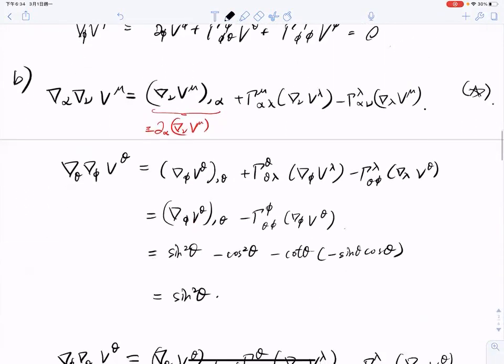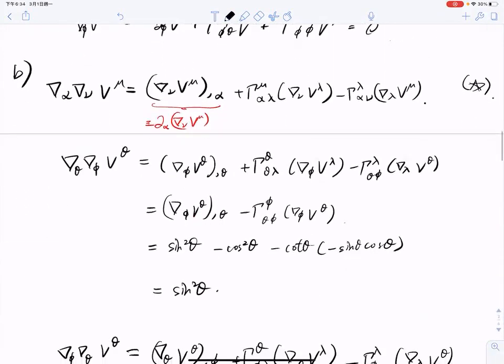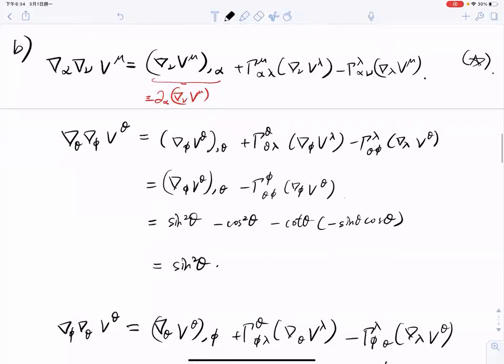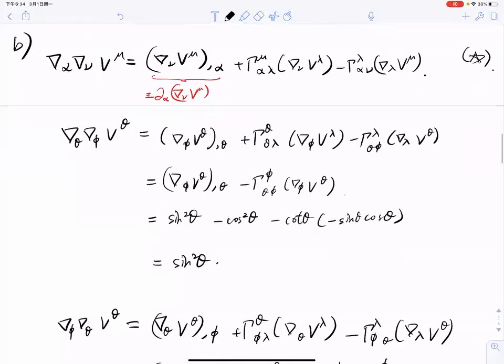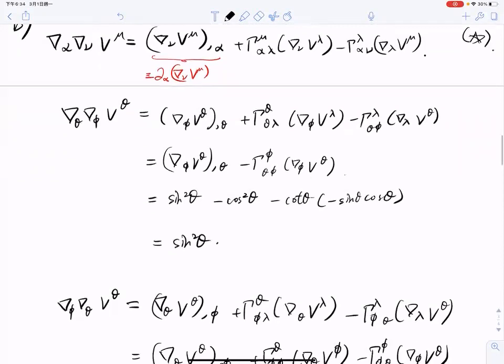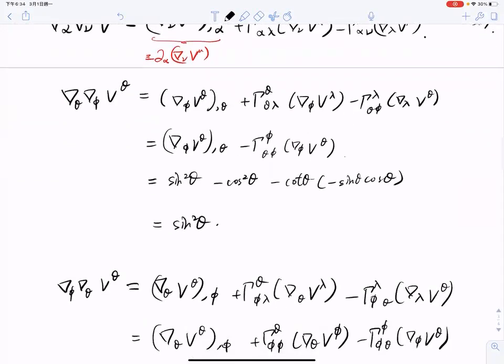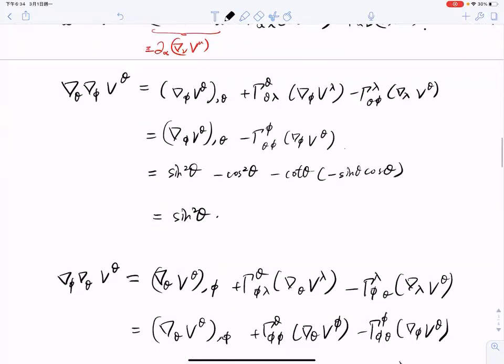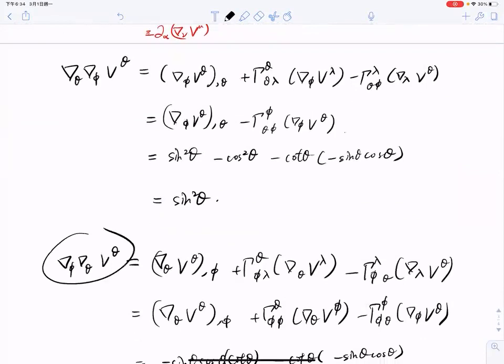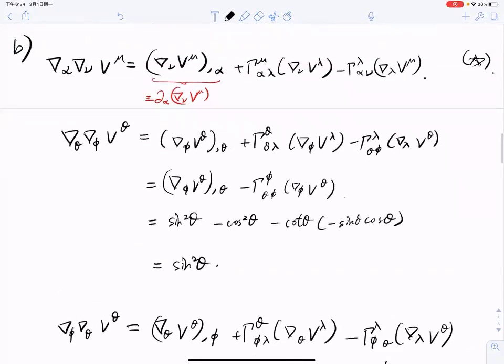Then we have to calculate part B, the double covariant derivatives of the vector's theta component. First, we do the covariant derivatives in the order theta, phi, and then in the opposite order, phi, theta, on the theta component of the vector.